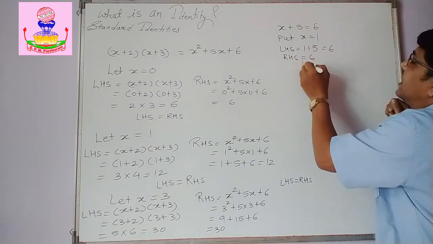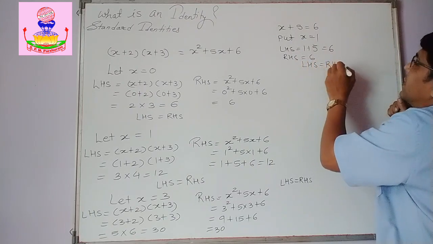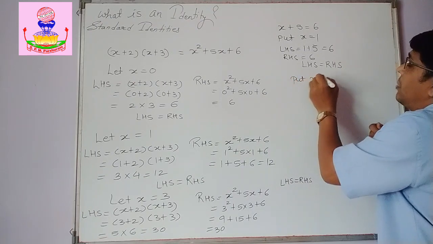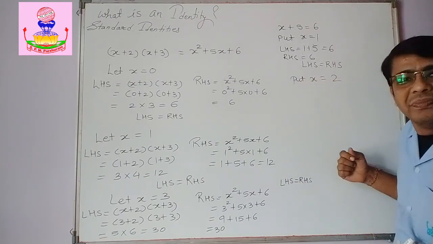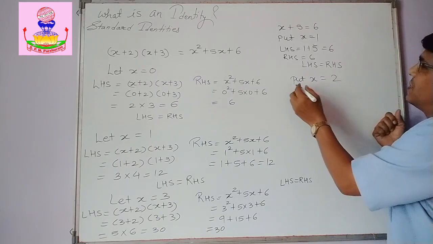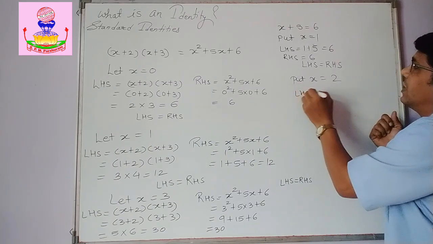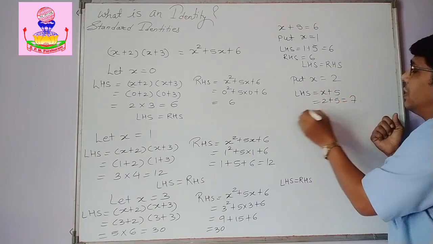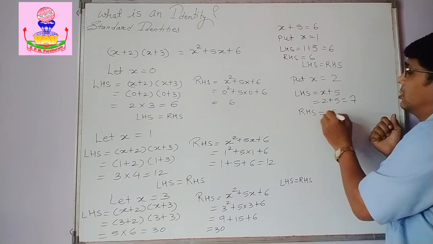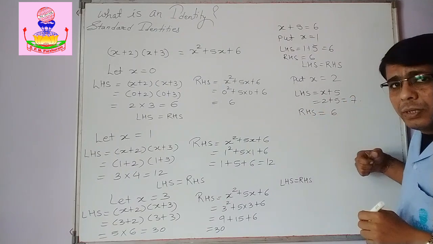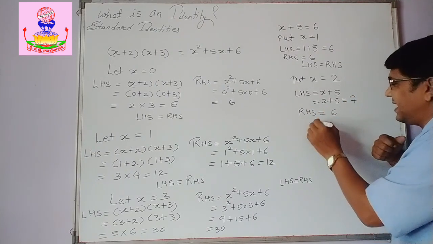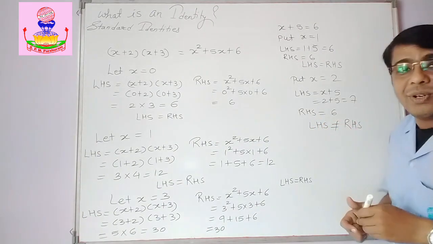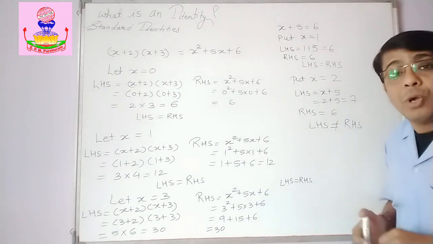What is RHS? It is already 6. So LHS is equal to RHS. But Omkar Khanere says, I will take x equal to 2, and let us see what happens. LHS is x + 5, so 2 plus 5, that is 7. And RHS is 6. Is it equal? No. So LHS is not equal to RHS.